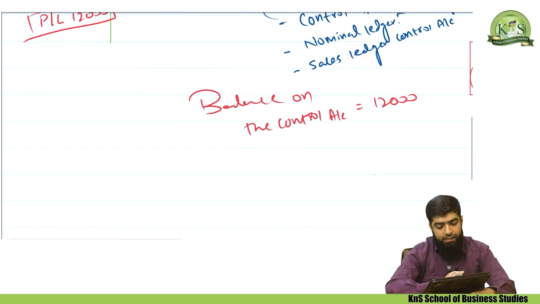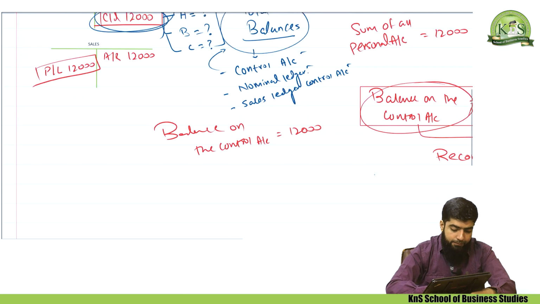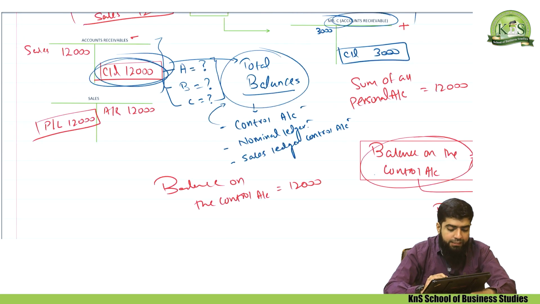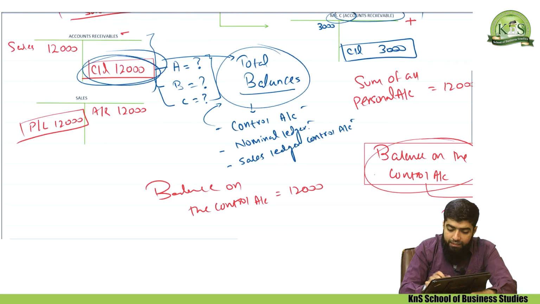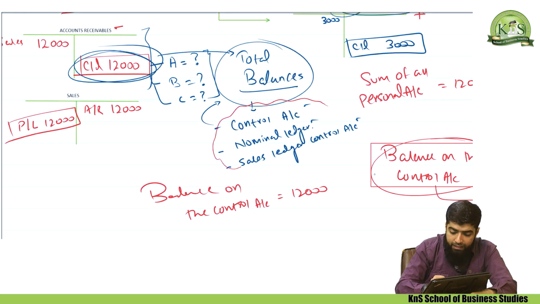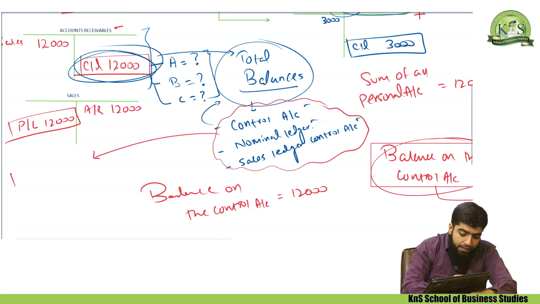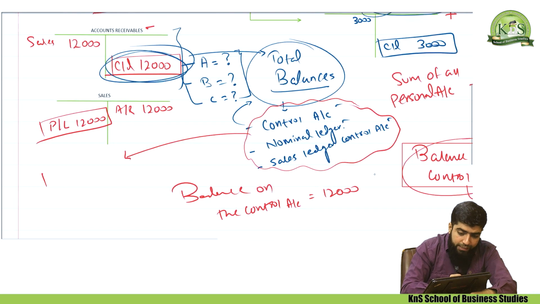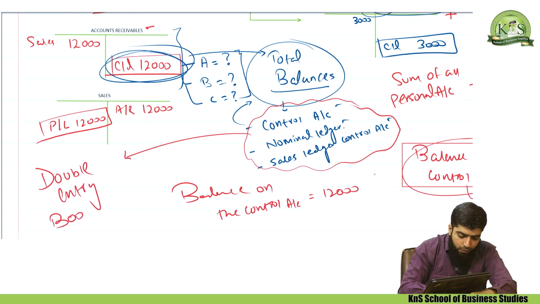One more thing I need to identify in this video is always remember that the control account, or the nominal ledger or the sales ledger control account, shows the total balances. Okay, that follows the double entry bookkeeping. What does it mean?